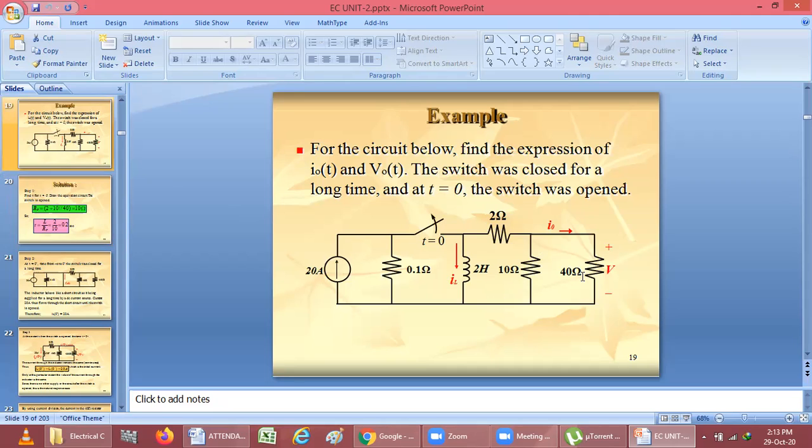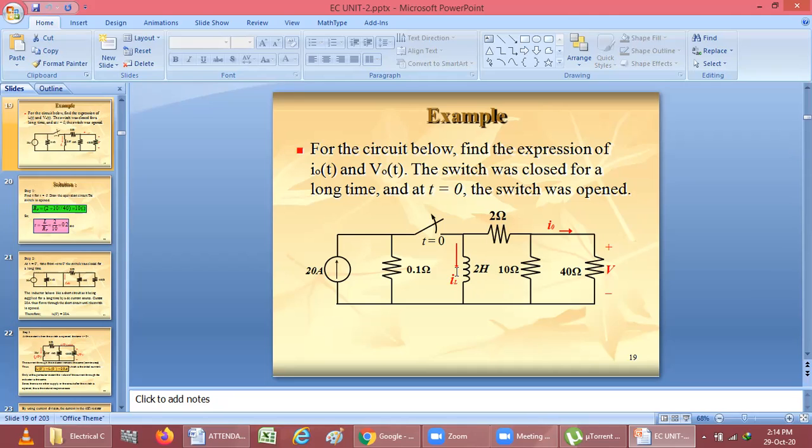But Thevenin में क्या होता है, we are calculating from this side, हम यहाँ ओपन कर देते हैं. बट आरएल और आरसी सर्किट में हमें क्या करना है, जहाँ पे इंडक्टर और कैपेसिटर रहेगा उसको कंसीडर नहीं करना है. If there is a capacitor, we have to consider that capacitor as open, and if there is an inductor, we have to consider that inductor as short circuit, and from that side we calculate the total resistance.